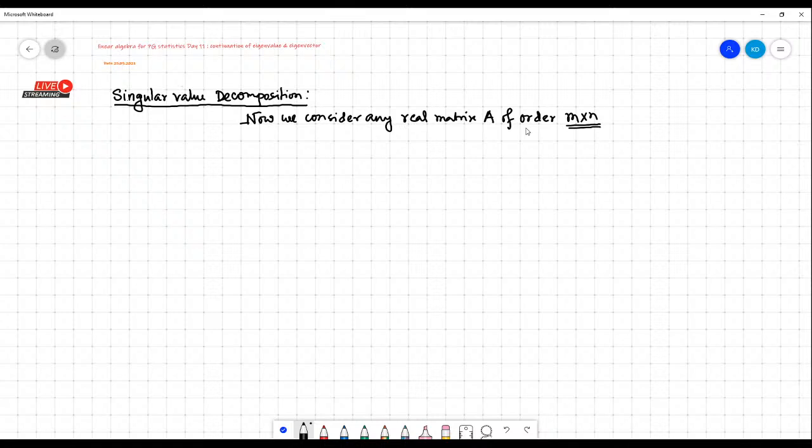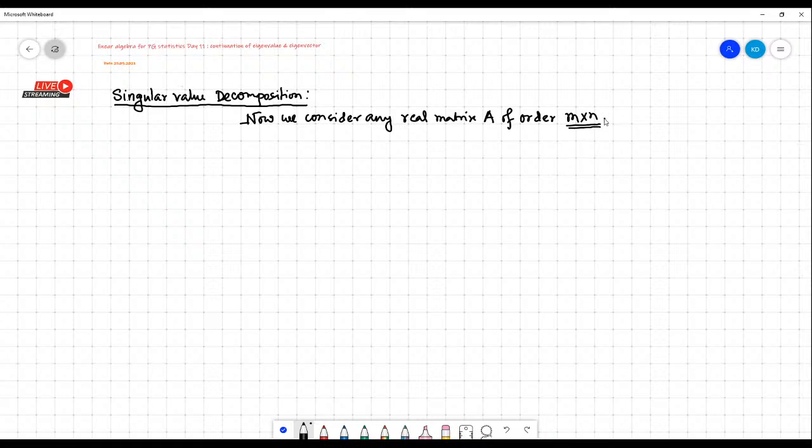In the previous result we observed that A is a real symmetric matrix, and a symmetric matrix is always a square matrix, but now we consider a rectangular matrix. A is a rectangular matrix.